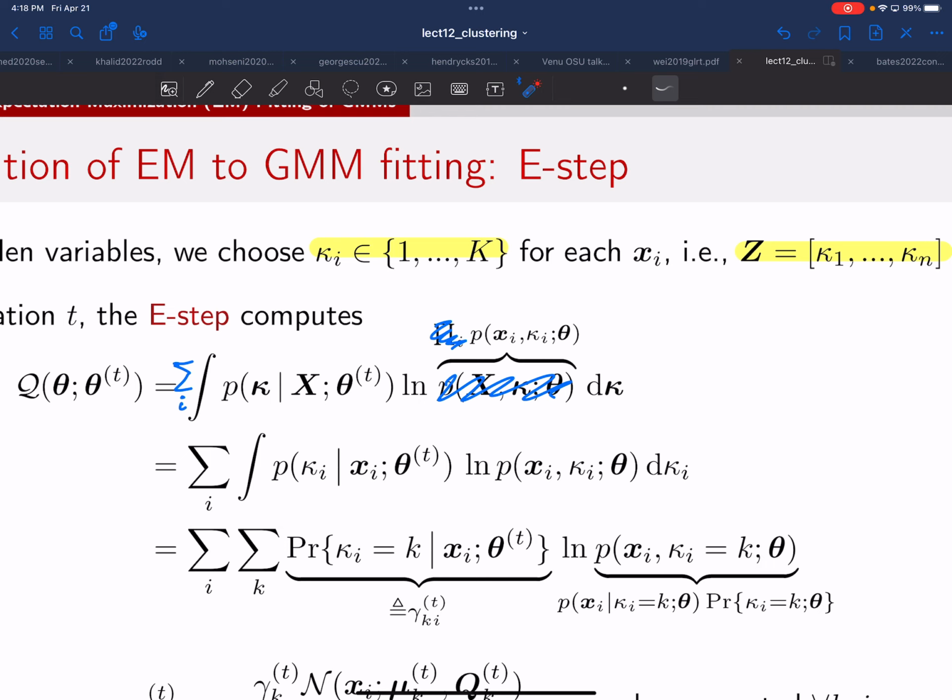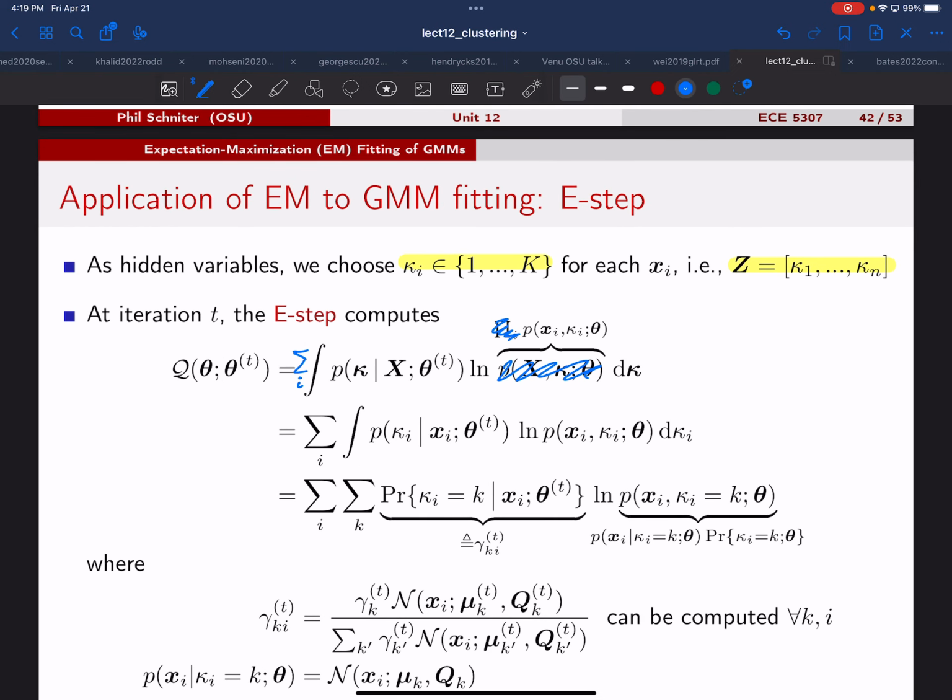Yeah. The log of the likelihood is non-zero only for the ith index when we consider pi, so the integral of 0 is 0 when we consider only one index. Okay, maybe that's one way to think about it.